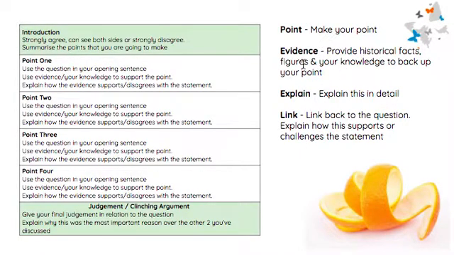So make your point, provide your evidence, provide historical facts and figures, explain what you've mentioned in detail, and then at the end of each paragraph, and you'll see I've put it in here, explain how the evidence supports or disagrees with the statement. You must link back to the question all the time. Keep going back. Therefore, this shows. Therefore, this proves my point because. Okay, at the end of each paragraph, you PEEL: point, evidence, explain, link back. Really crucial.